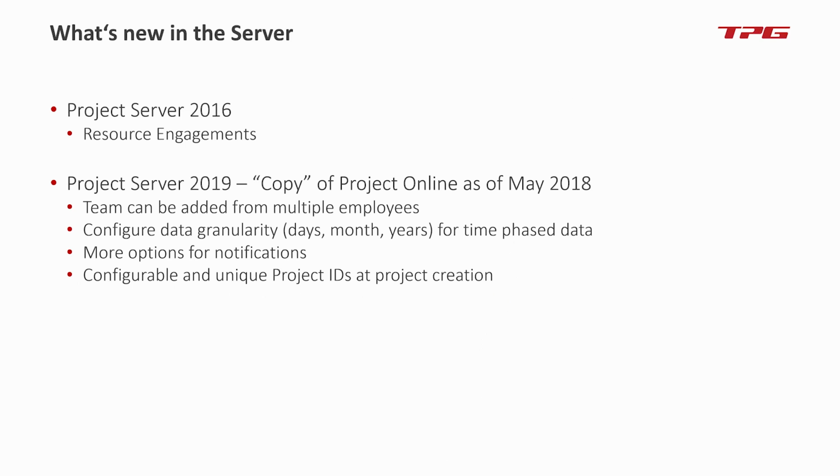You can freely define these IDs and assign them to different so-called enterprise project types. So you say, if I create an infrastructure project, I want to have an INF dash something dash something. If I create a software development project, it's maybe DEF dash something, 2018, for example. So a very nice way to create unique and speaking IDs for projects while you create them in Project Server. So definitely makes a lot of sense here.